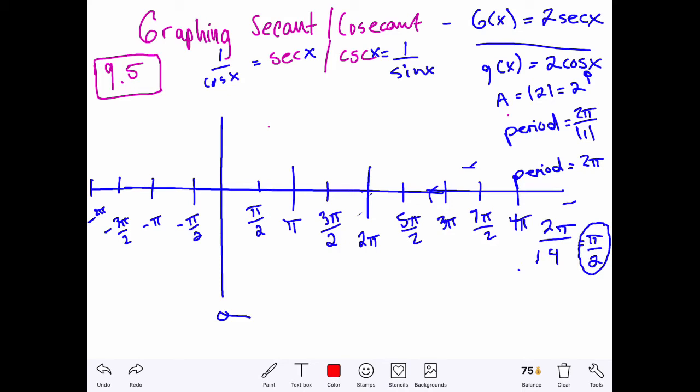Now, if we went to graph this, we could of course evaluate points. I know that the cosine of 0 is 1, because 0 on the unit circle has an x value of 1. So 1 times 2 is 2. So I know I should be up here at 2.